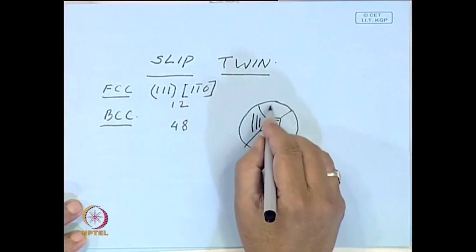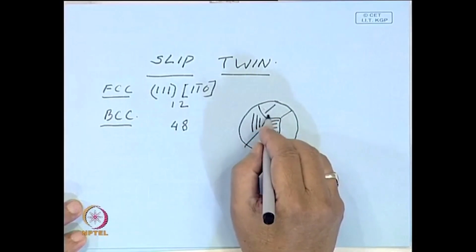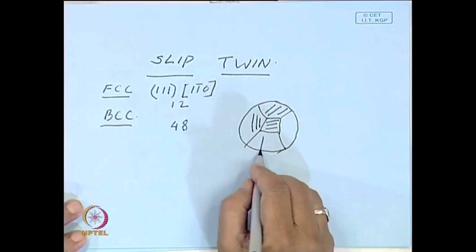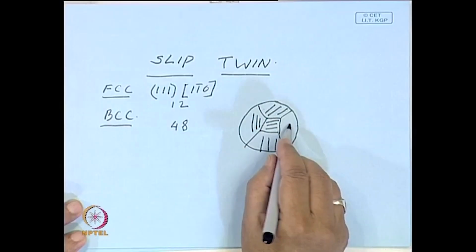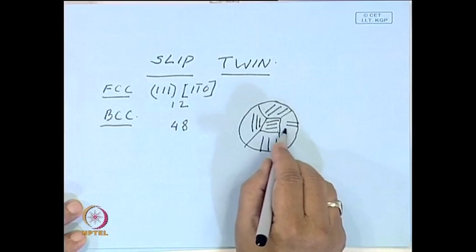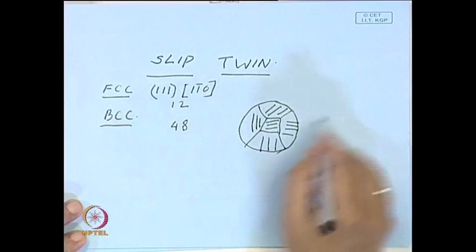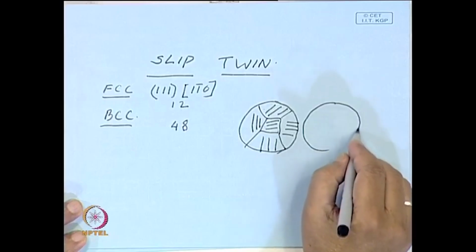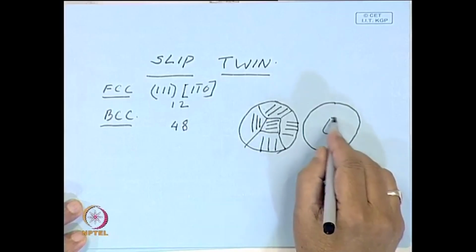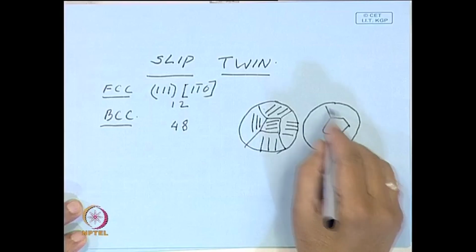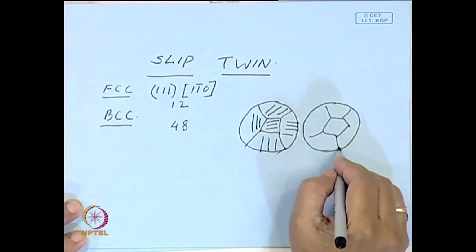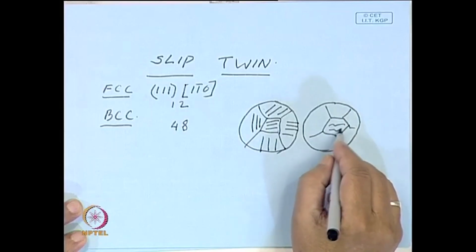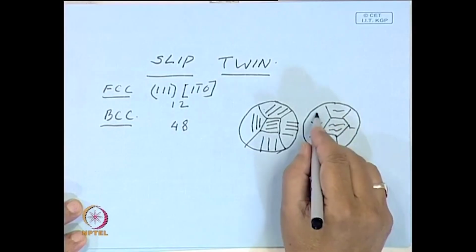Depending on the crystal orientation, they may be differently oriented, but they are straight. Whereas the same thing in a BCC, you will find lines like this. So, wavy.